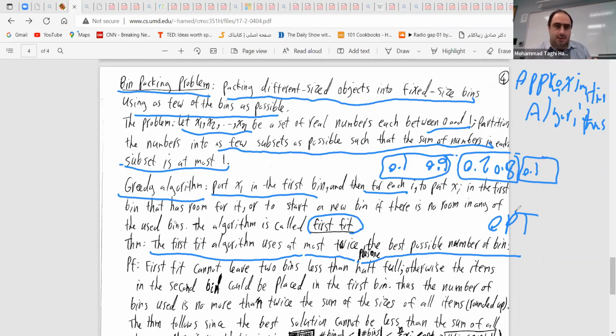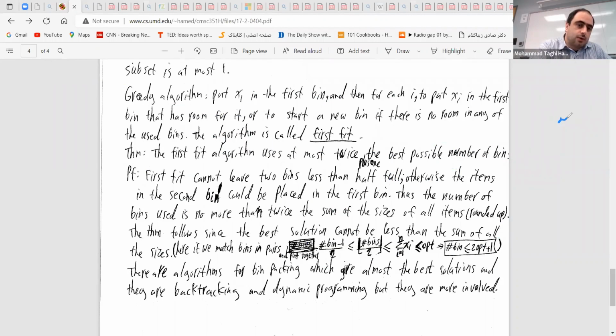Good. Let's see the theorem I want to prove: the first fit algorithm uses at most 2 opt plus 1 bins. This is the main observation: the first fit algorithm cannot leave two bins less than half full.